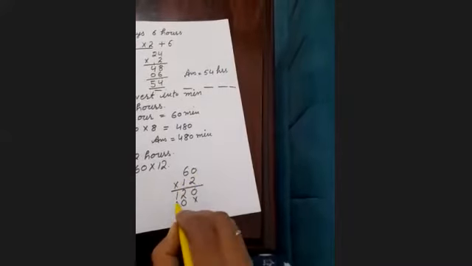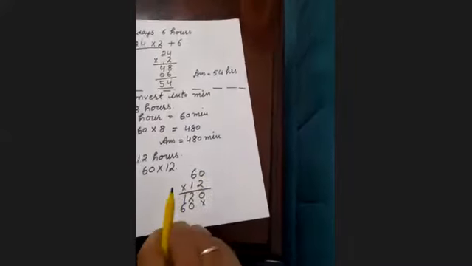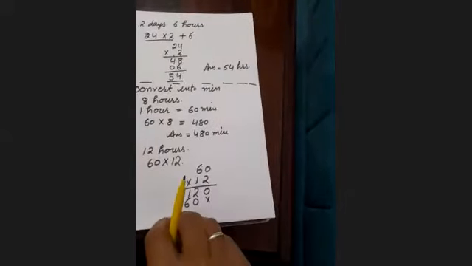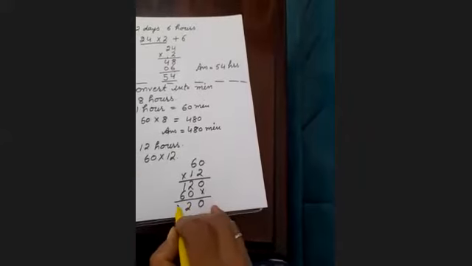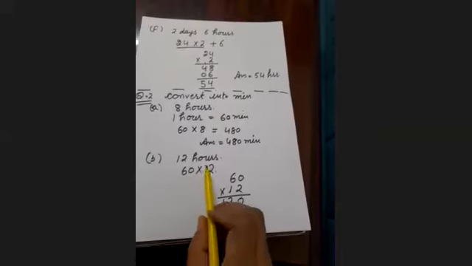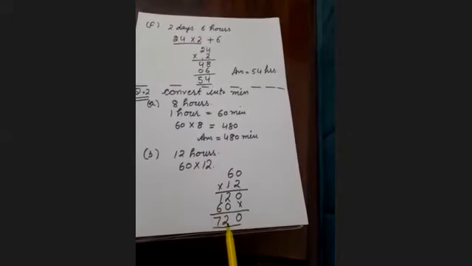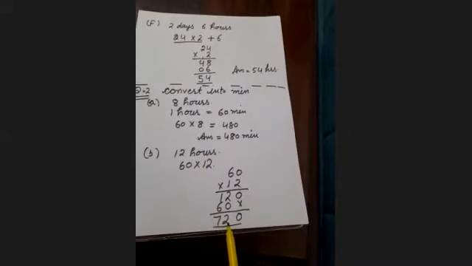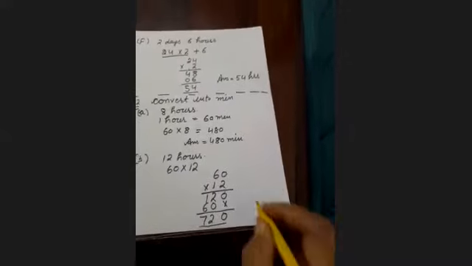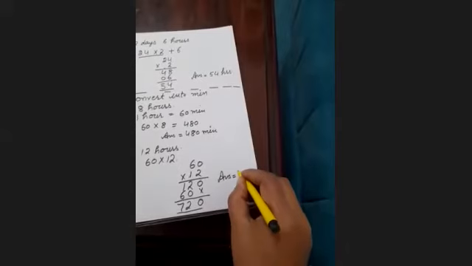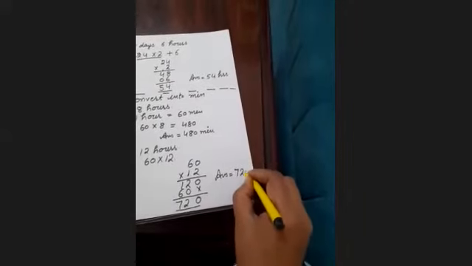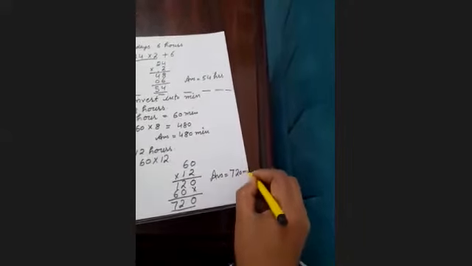Then 1 multiplied by 6 is 6. Now 0, 2, 7. So, students, in 12 hours, we have 720 minutes.